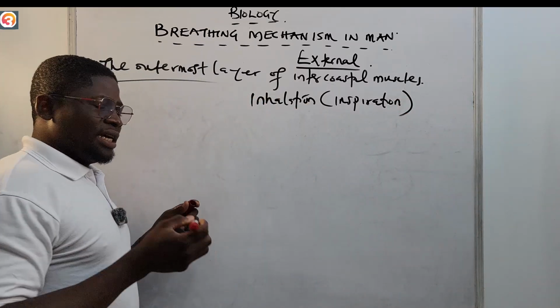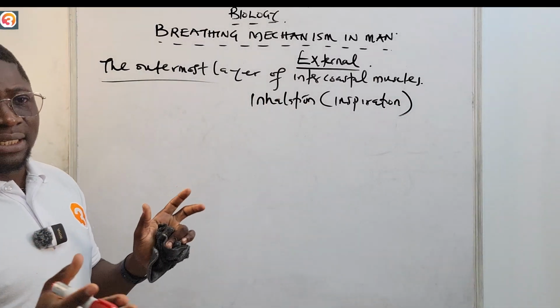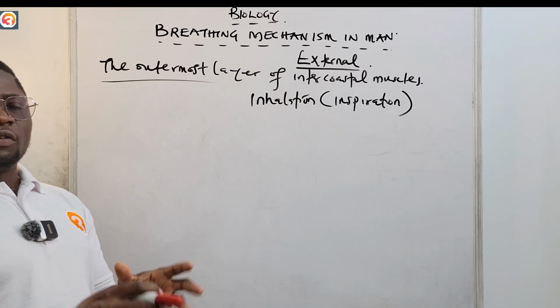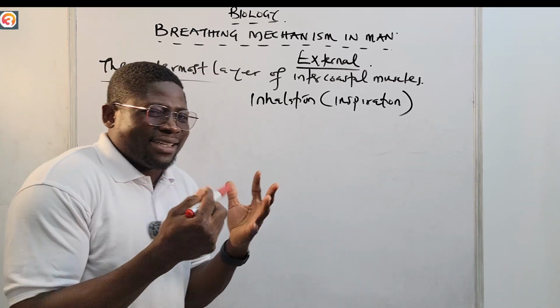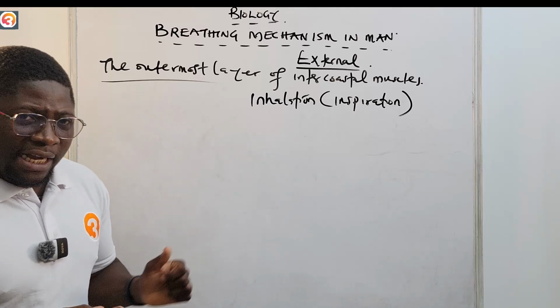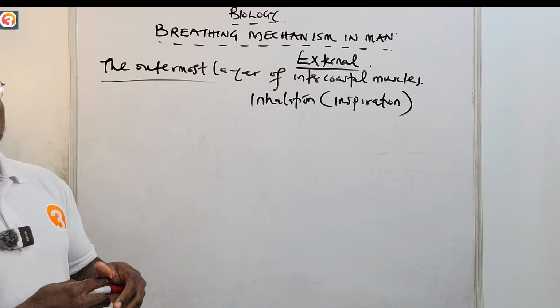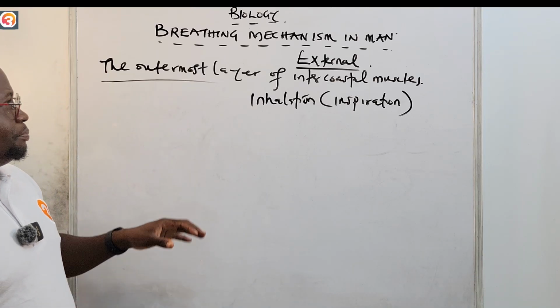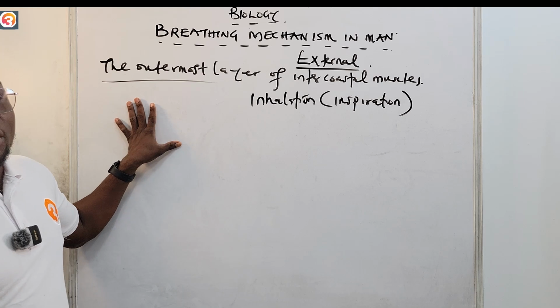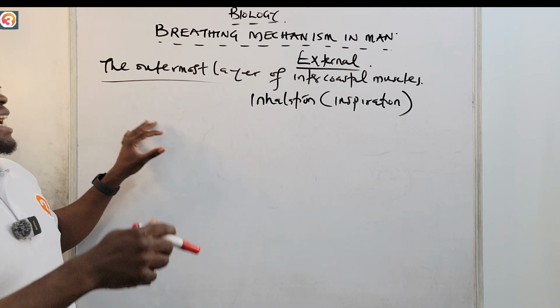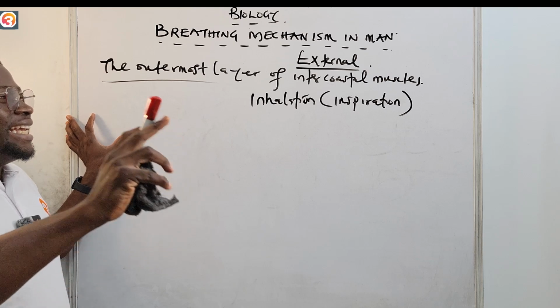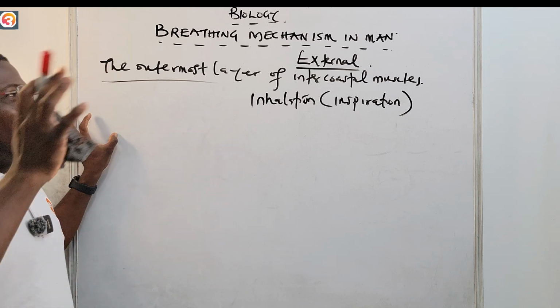I'm going to look at these two breathing processes, inhalation and expiration, very soon and explain them very well so that you can fully understand. They are very, very important. The external intercostal muscles are primarily involved in inhalation and inspiration.